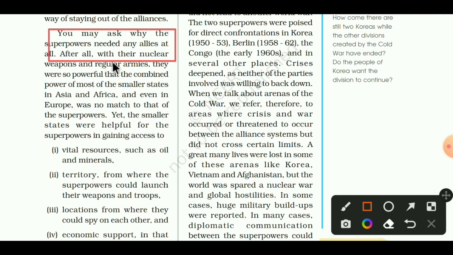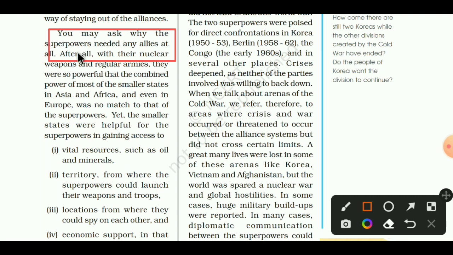Because the nuclear weapons and regular armies were so powerful that the combined power of most of the smaller states in Asia and Africa, and even of Europe, was no match to that of the superpowers. The smaller states were helpful for the powerful in gaining access.